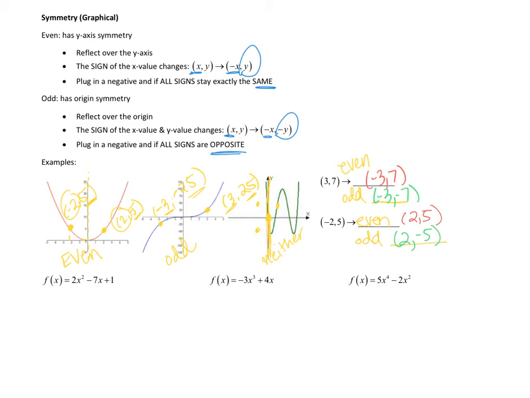Okay, so what that looks like. Let's look at our first one here. I'm going to plug in a negative number. It doesn't matter what number I plug in. If I plug in a negative and I square it, I get back a positive number.